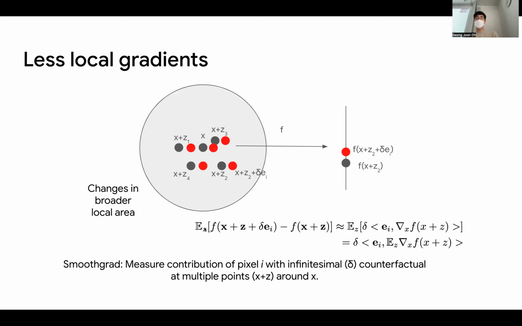Okay, so this is given by this expectation over responses, which is again approximated using Taylor expansion or gradient computation, and then the gradient in the direction of i. And this is given by this formula. So you take the gradients multiple times and then average them. And that gives you SmoothGrad. It expands your originally very local computation of the gradient to a slightly more global region around x, okay?